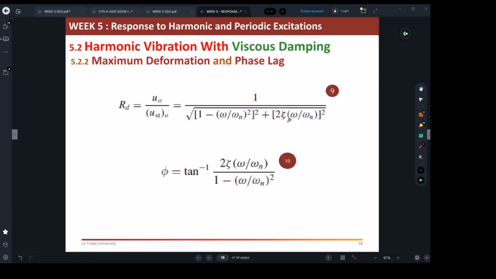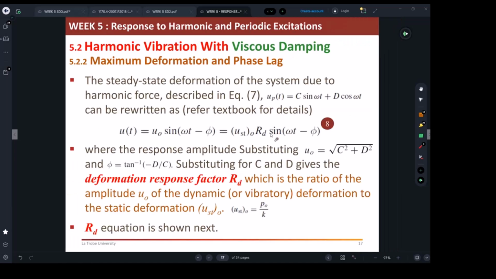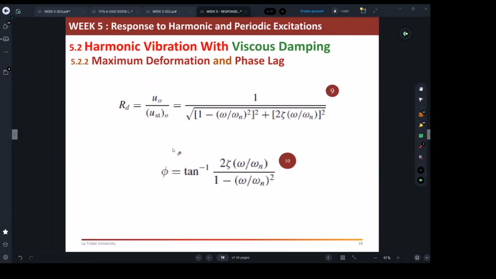Sometimes it's critical, sometimes it's not. Damping can be related to the constants we have in the equations as well. Then there is the phase lag angle, which shows you how far the peak of the action is delayed.